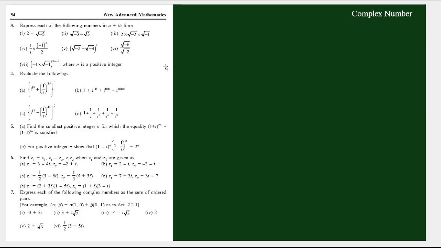Express the following numbers in a plus ib form. Question number 3, number 1: 2 minus root 5, minus root 5.